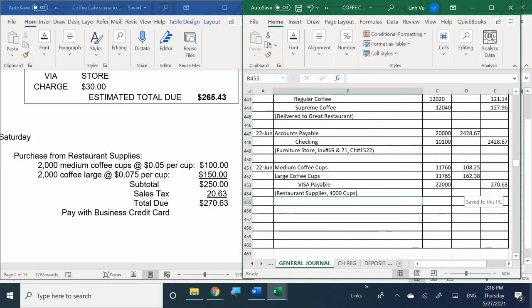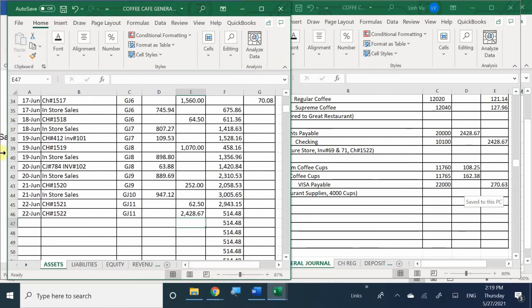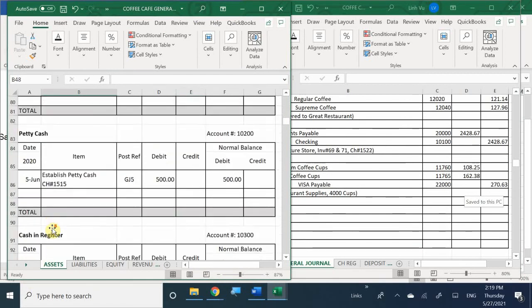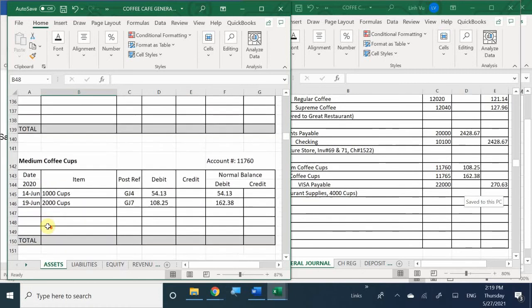And then we'll move over to the general ledger. Under assets, we'll scroll down to medium coffee cups. Date 6/22. I purchased 2,000 cups at 5 cents each, tax 8.25.